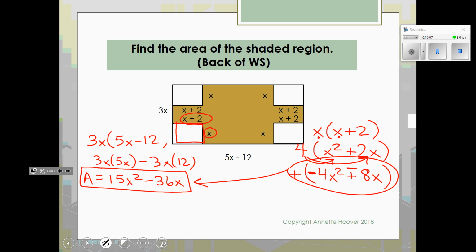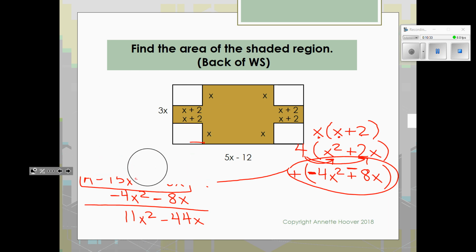I'm going to stack my like terms. So here's my negative 4x squared because I changed the sign because I'm subtracting. And I have a negative 8x. So I'm adding the opposite and the opposite. And that results in 11x squared minus 44x.